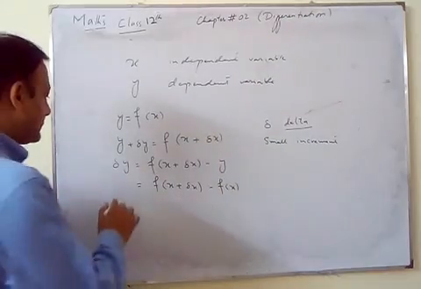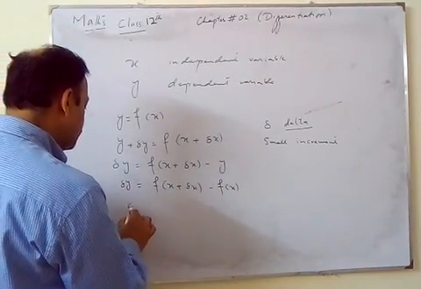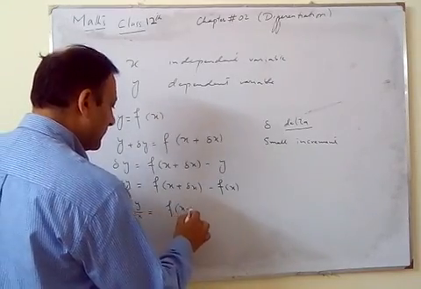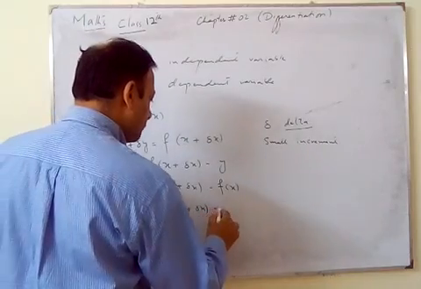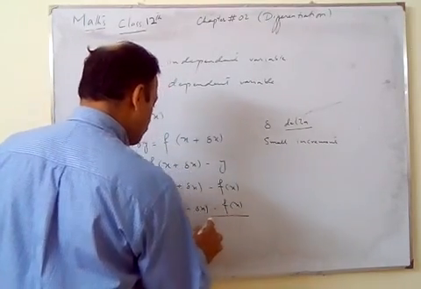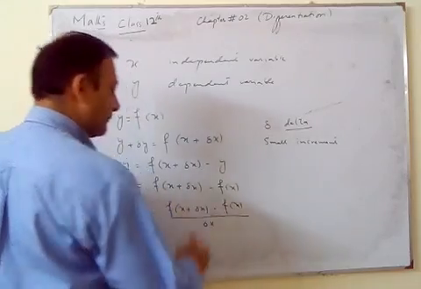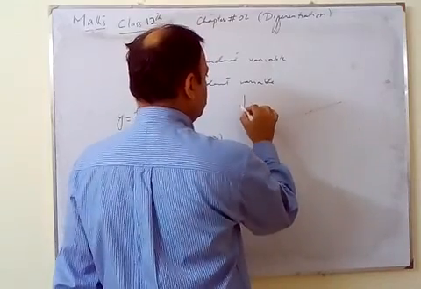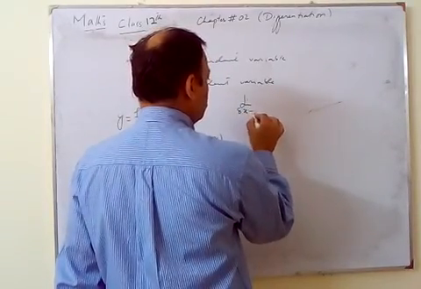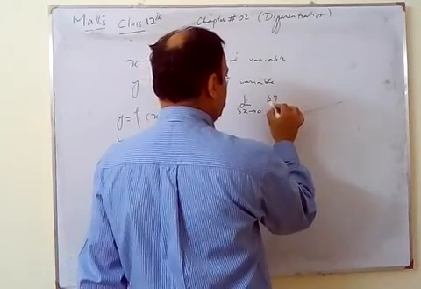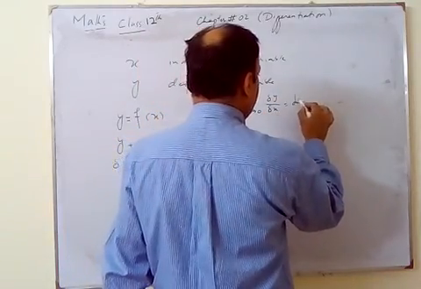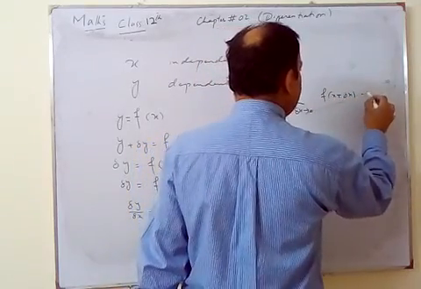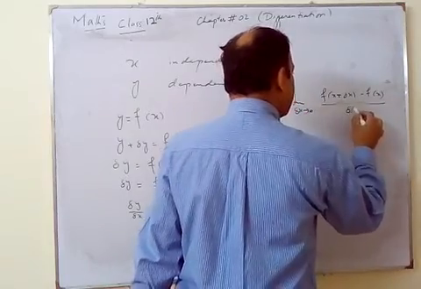We divide by delta x on both sides. Taking limit, f of x plus delta x minus f of x, whole divided by delta x.